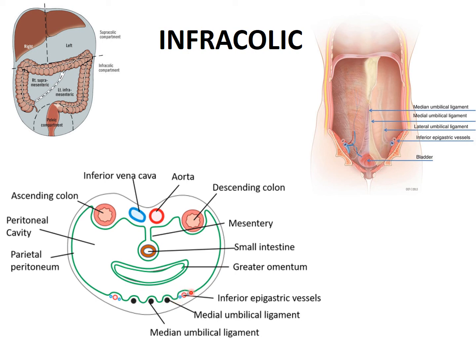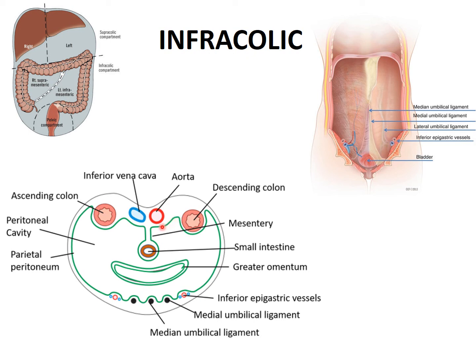Then the peritoneum will run along the wall of the abdomen, and then it will cover the anterior and lateral side of the colon on either side, that is, the ascending as well as the descending colon.